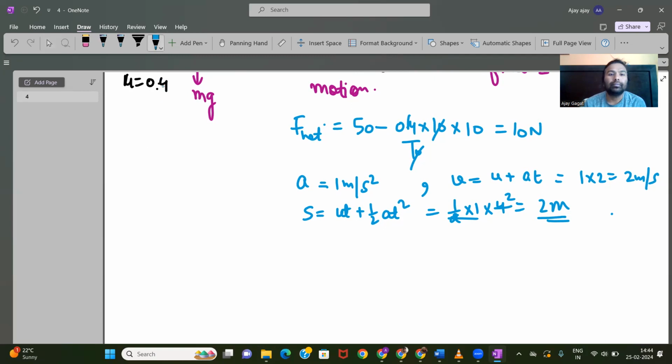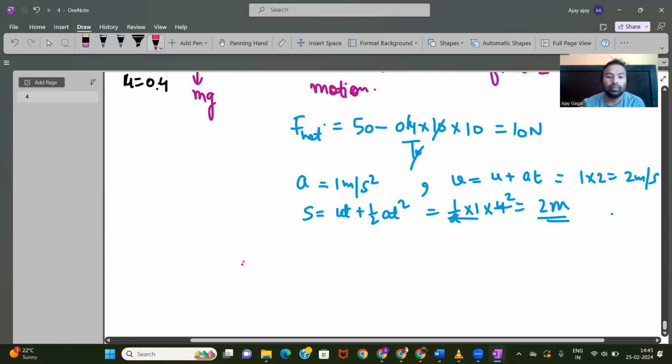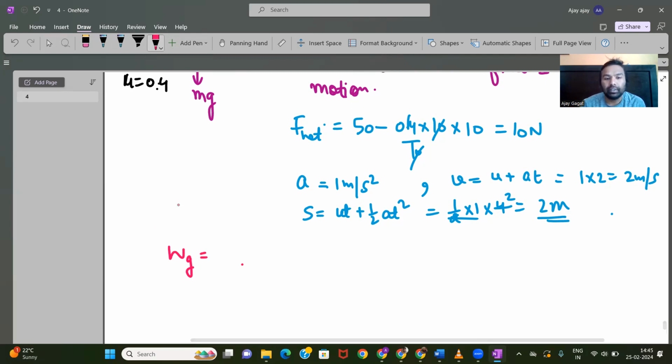So work done by gravity. Since mg is acting downwards, and the displacement is in the positive x direction, the angle between them is 90 degrees.